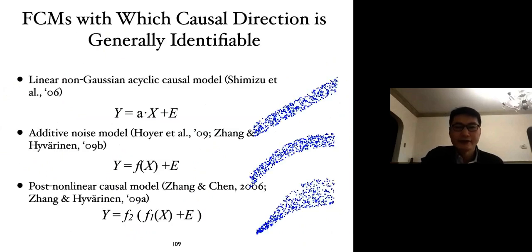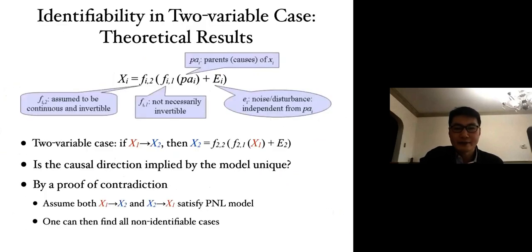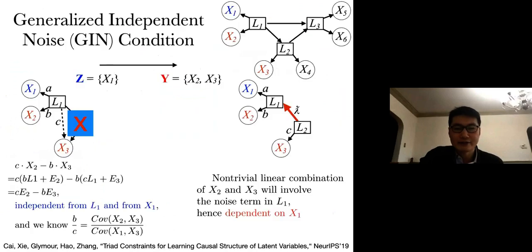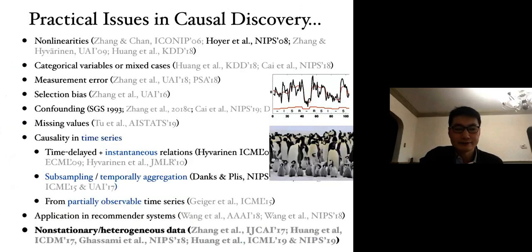And okay, finally, let me just show a single slide. I have to skip all those things. So in practice, we have to consider a lot of issues, including nonlinearities, mixed categorical and continuous random variables, measurement error, selection bias, confounding, missing values, temporal information, and non-stationarity or heterogeneity of the data.